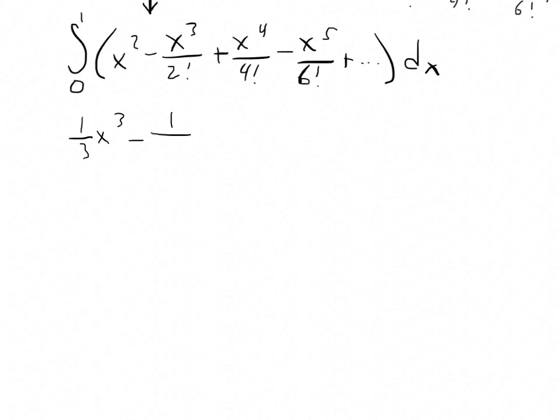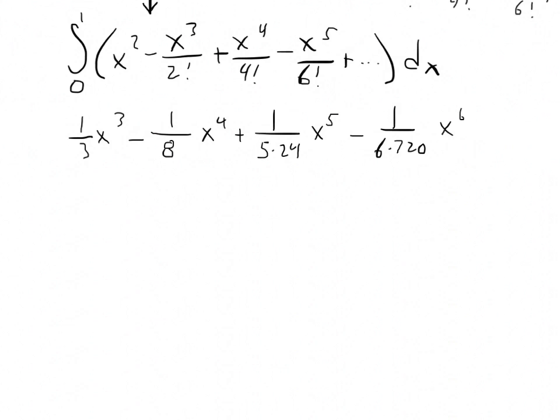This will be 1 over 8 x to the 4th. That's a 4th power from that and a 2 from here. The next one will be plus, let's see here, we'll have 1 over 5 times 24 x to the 5th minus 1 over 6 times 720 x to the 6th, and so on. And I'm evaluating between 0 and 1.